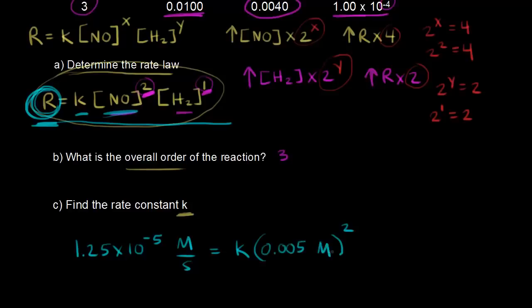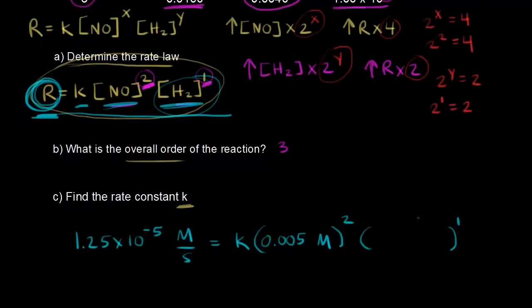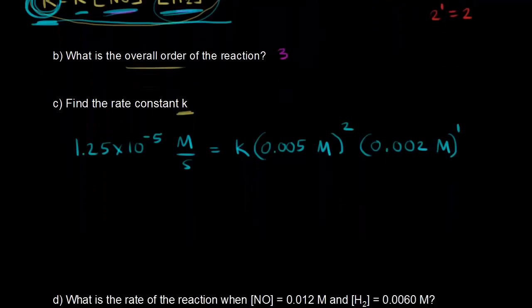And next, we're going to multiply that by the concentration of hydrogen to the first power. So we go back up to experiment 1, and we find the concentration of hydrogen, which is 0.002 molar. So we plug that in. 0.002 molar.